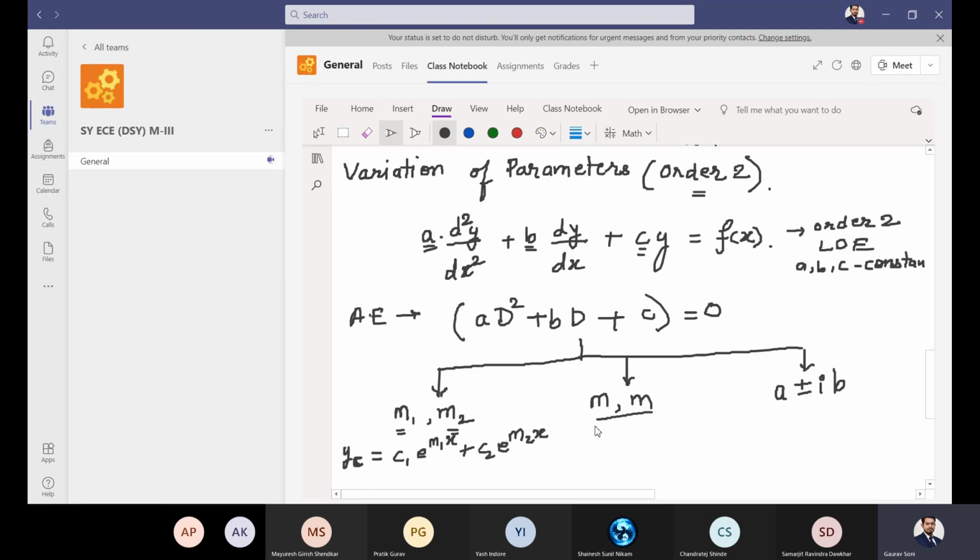The second one, the roots are real and repeated. So in this case, Yc is C1 plus C2x, e to the power mx.